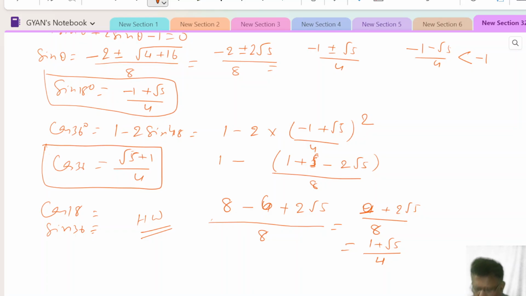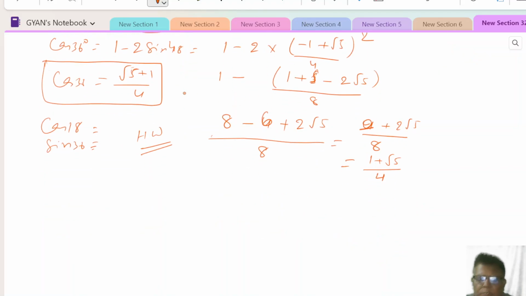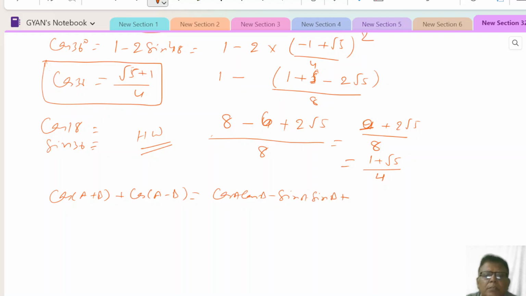Okay. So now we'll solve the next set of formula. So next set of formula, cos a plus b plus cos a minus b will be what? Cos a cos b minus sin a into sin b plus cos a into cos b plus sin a into sin b.